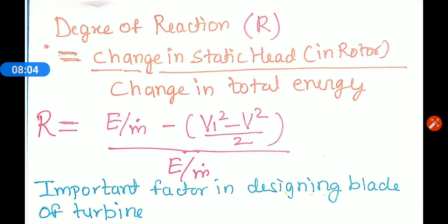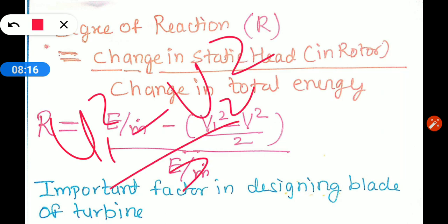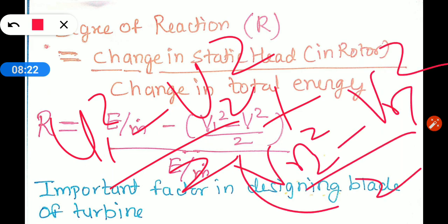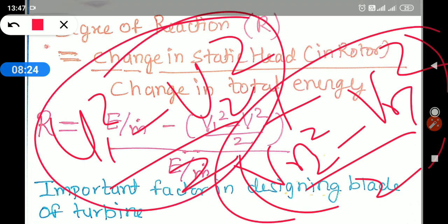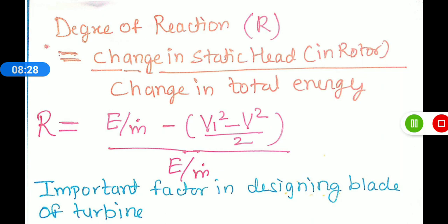This can also be written like this, u1 square minus u2 square. Instead of this, what you can write is (u1 square minus u2 square) by 2 plus (vr2 square minus vr1 square) by 2. So because of these two changes in kinetic energies, we are getting the reaction force. So that is nothing but this numerator which we have shown. And so this is what it is.